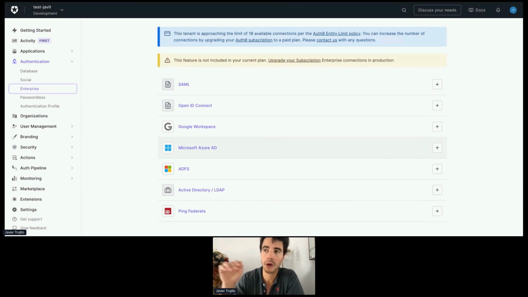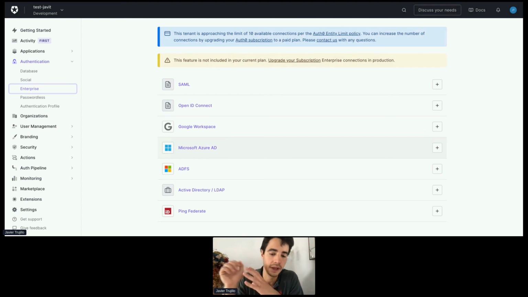Because what Auth0 does is that anytime a user needs to authenticate, we redirect the user to the company's IDP, where the identity sits and the credentials are actually provided. So if they have their own login page or their own Azure AD instance, they will get redirected over there. They will provide the credentials, and then we get the information tokenized so that the client can use it.